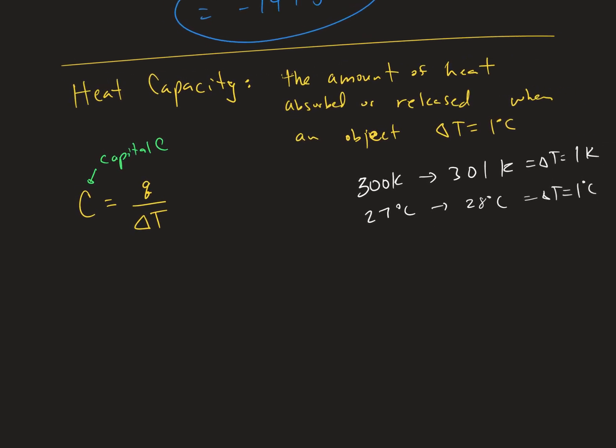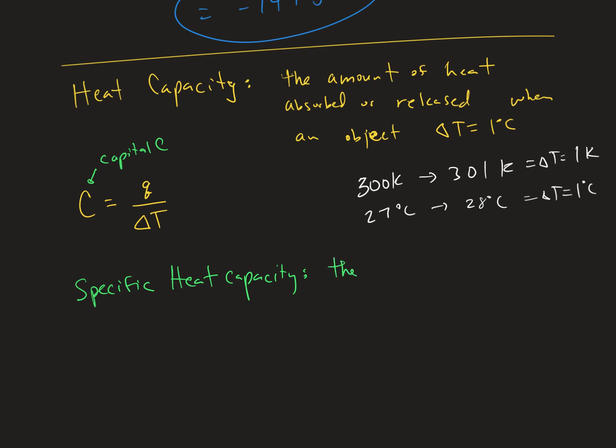And then we have one that's similar to that, and that is the specific heat capacity. This is the quantity of heat absorbed or released when 1 gram of substance experiences a change in temperature of 1 degree Celsius. It's specific to the amount of mass. Okay?